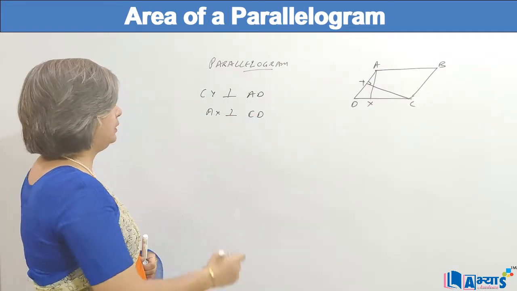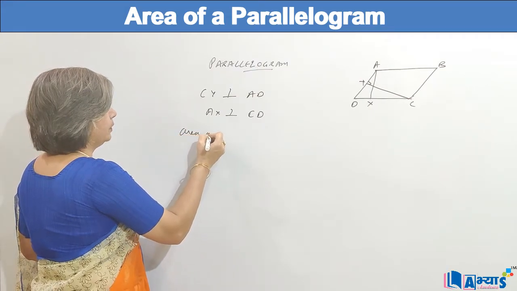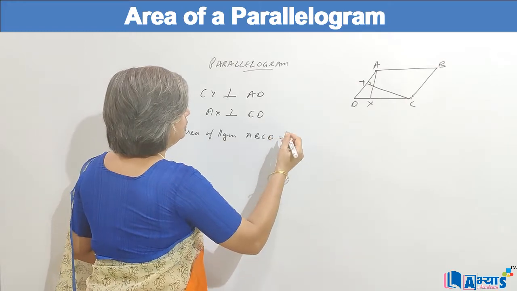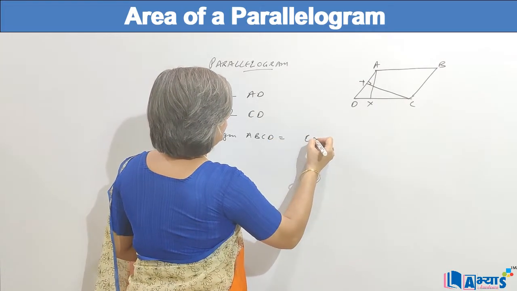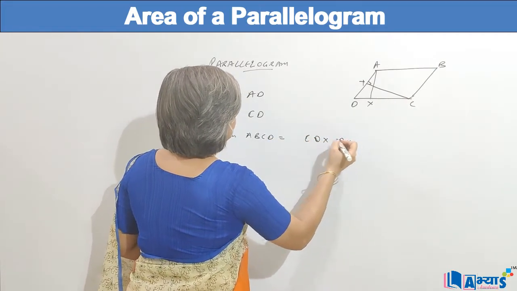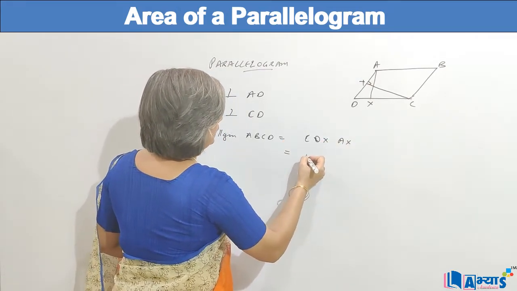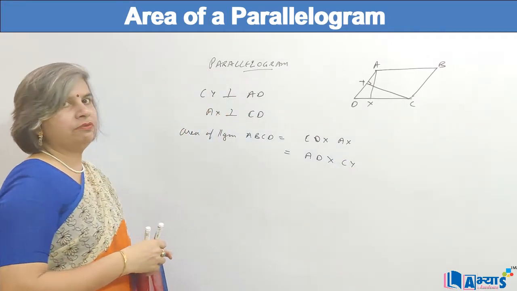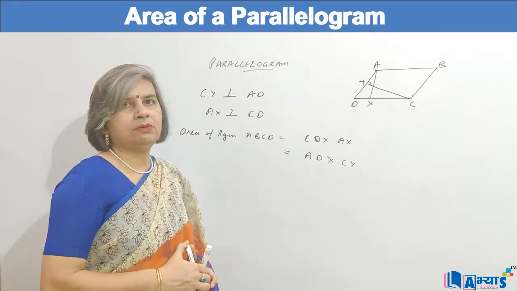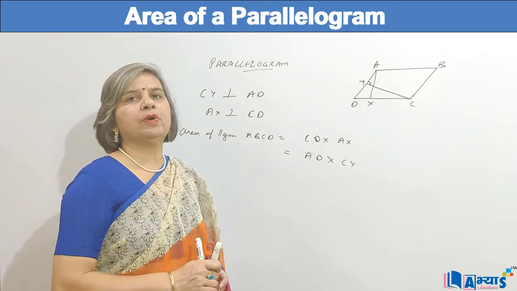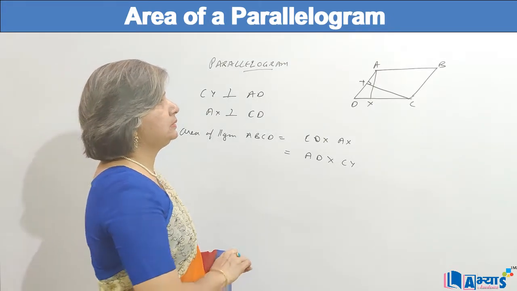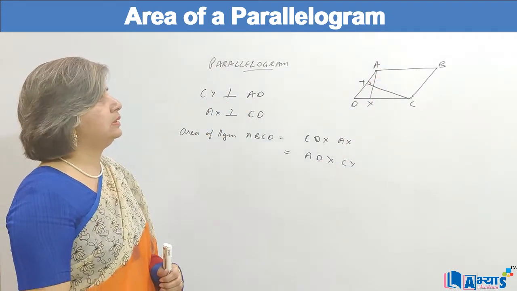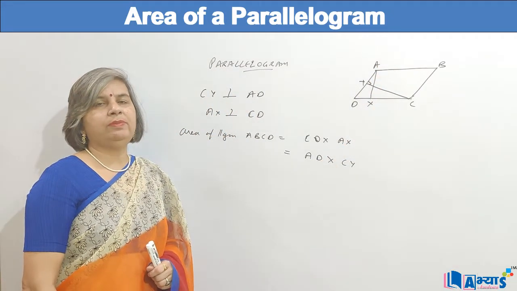So the area of parallelogram ABCD is equal to base CD into AX, or it can also be equal to base AD into height CY. So the area of a parallelogram is basically equal to the base into the corresponding perpendicular. If the base is considered as CD, the height will be AX, and if the base is considered as AD, the height will be CY.